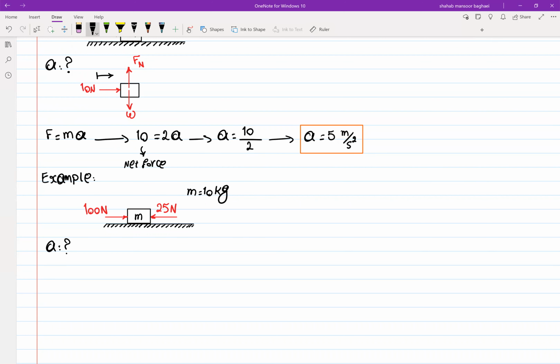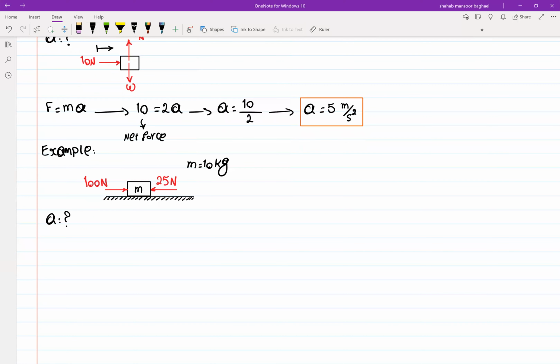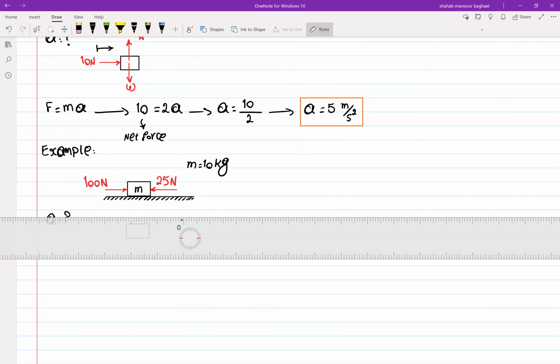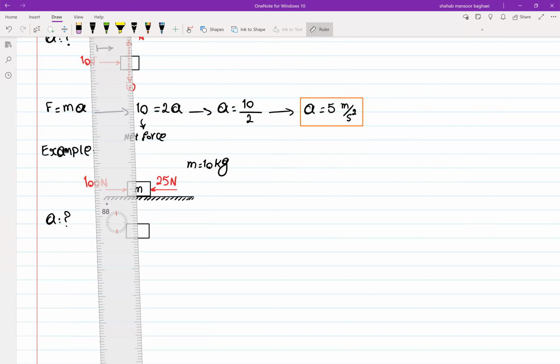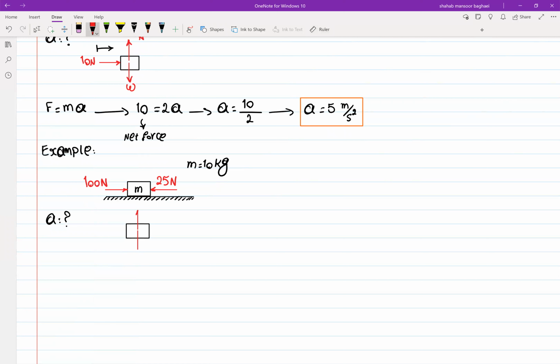Find A. Okay, let's do it. At first, free body diagram. Separate the block. This here. Weight force down. Normal force from the surface up. Like this.